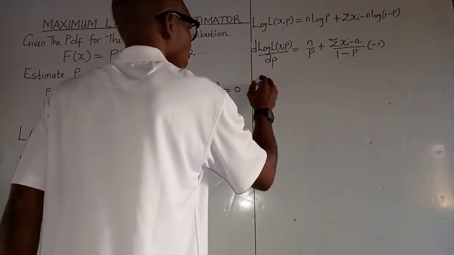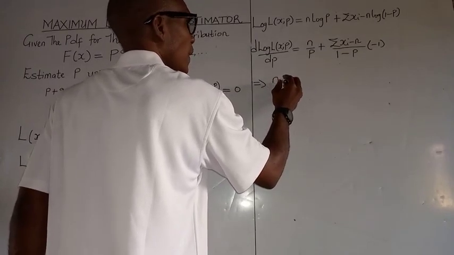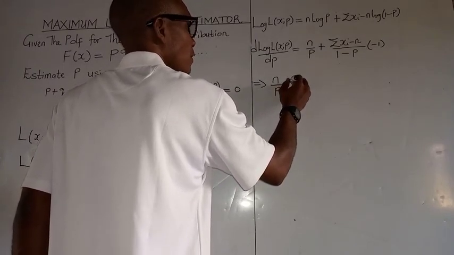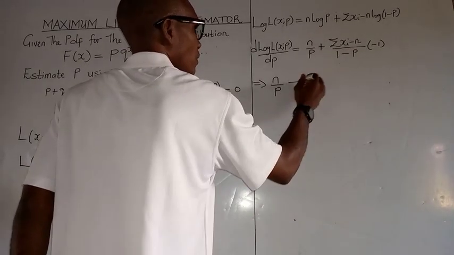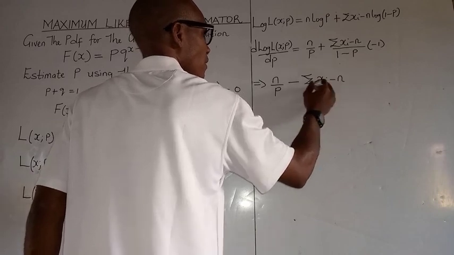So we have n over P minus summation of xi minus n, all over 1 minus P.